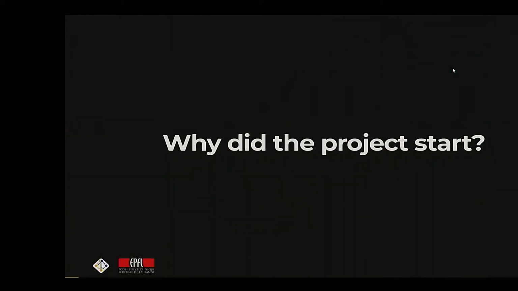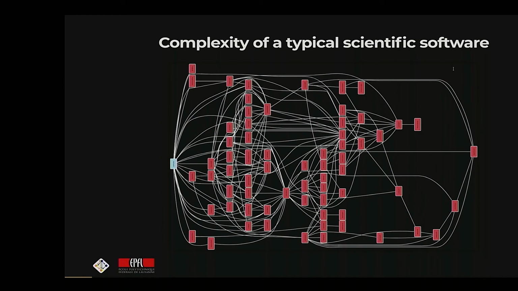So let's start. Why do we need something like that? Why did the project start? Well, basically the project started because scientific software is inherently complex. Here you see a visual representation of a widely known finite element library, deal.II, the blue node, along with its dependencies, the red nodes.